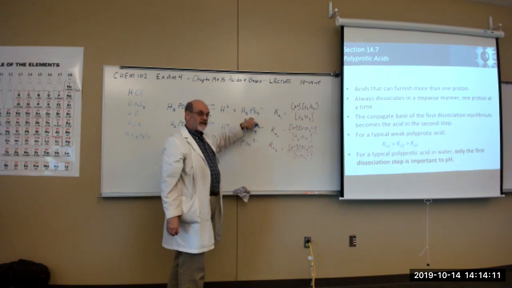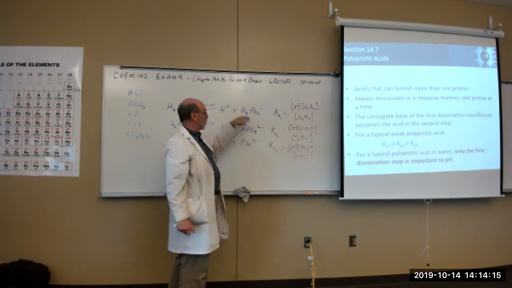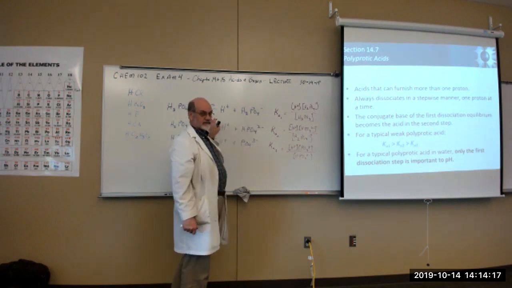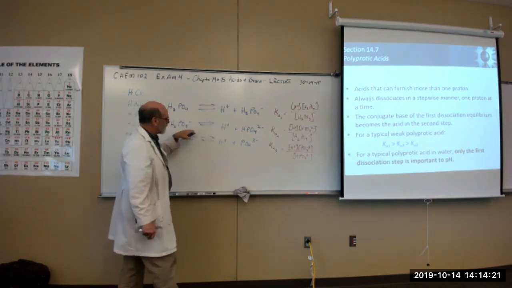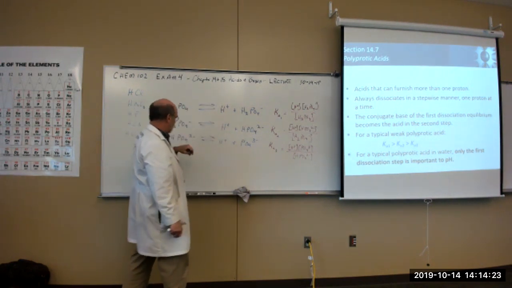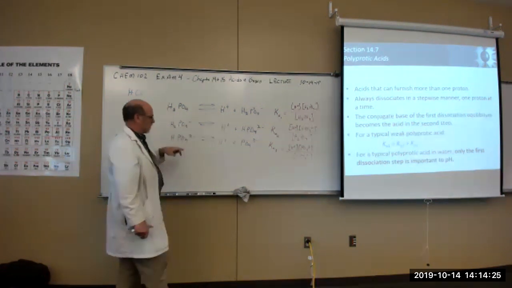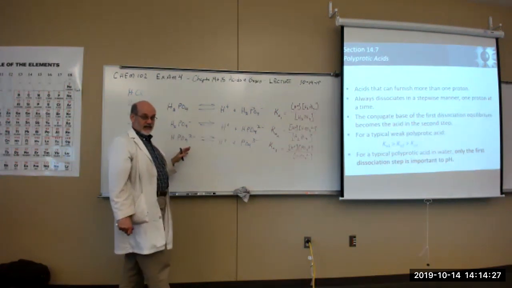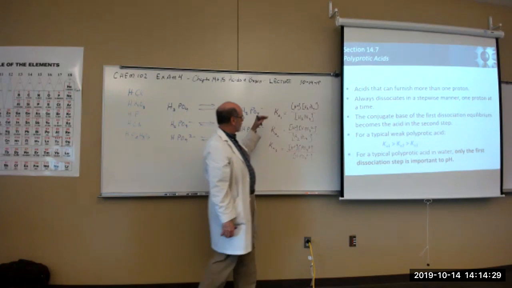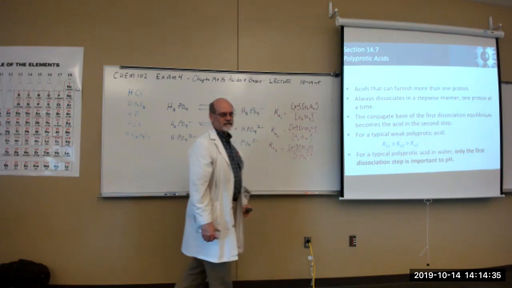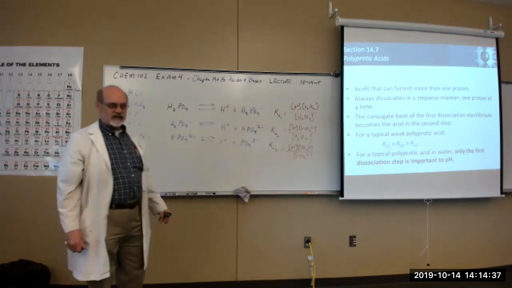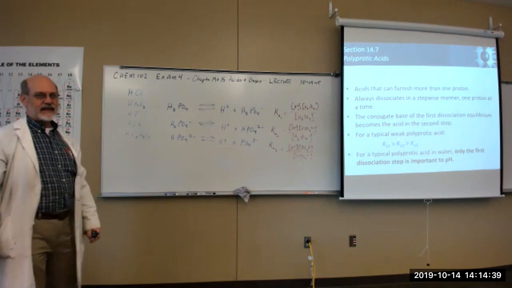So it's going to be more difficult to remove a positive ion from that one than it was from the neutral species. That means this one is going to be even weaker than that one, and this one is going to be weaker than that one. So what does that mean for the K values? As you remove protons, the K gets smaller and smaller. For each successive removal of a proton, the K gets smaller.